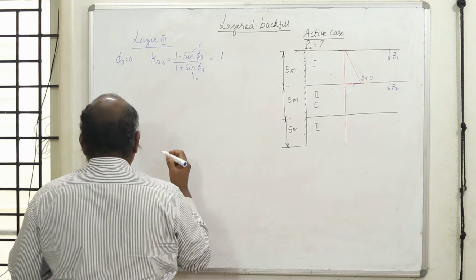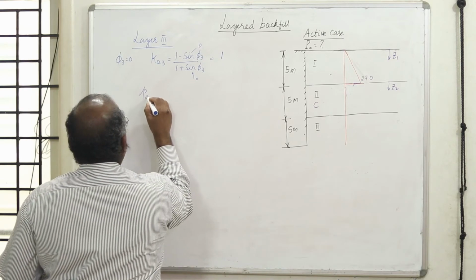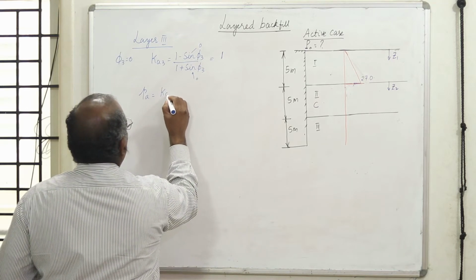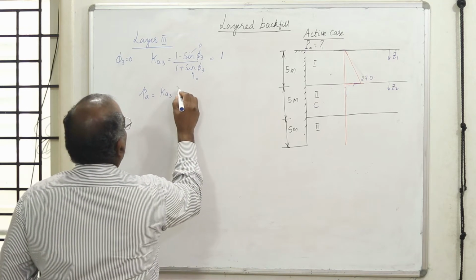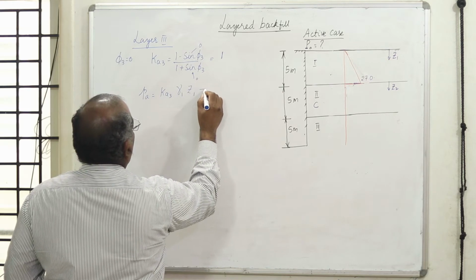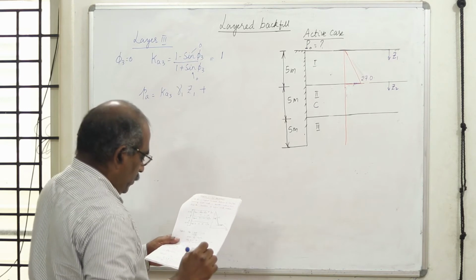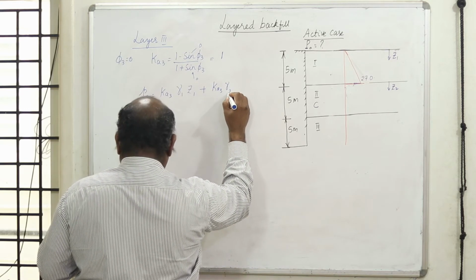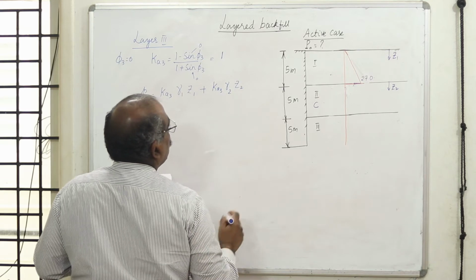Now let us try to write an expression. Pa is equal to, now we need to use the value of Ka3 for the third layer, gamma 1 into Z1, plus we have K3 into gamma 2 into Z2 for the second layer.